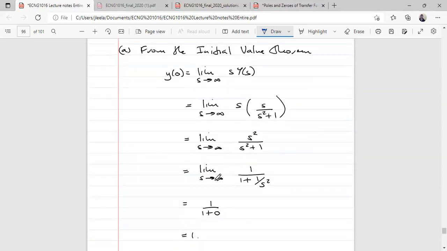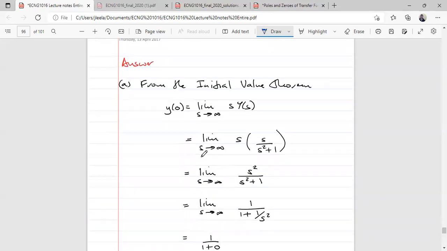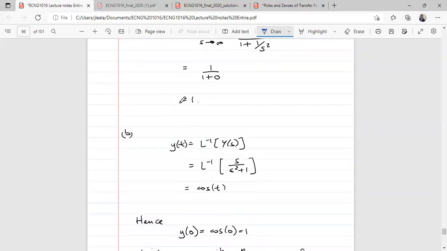Since this is like a polynomial, divide the top and bottom by the highest power in the denominator, which is s squared. So you'll get 1 in the numerator over 1 plus 1 over s squared. As s approaches infinity, the 1 over s squared term goes to 0. So you get 1 over 1, which is 1. So y(0) is 1, and the initial condition here is 1.